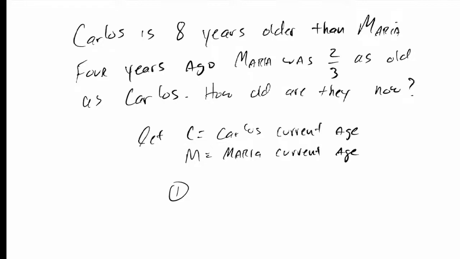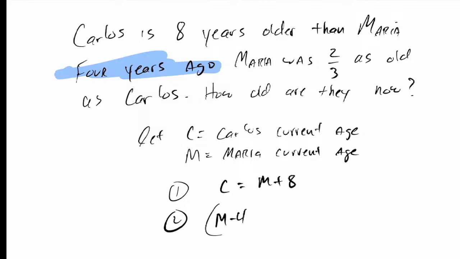So if I set up my equations here, Carlos's current age is 8 years older than Maria. So that's easy. Now the second equation says 4 years ago. Very good. 4 years ago, Maria was two-thirds as old as Carlos. So 4 years ago, Maria's age 4 years ago is M minus 4, was two-thirds as old as Carlos.